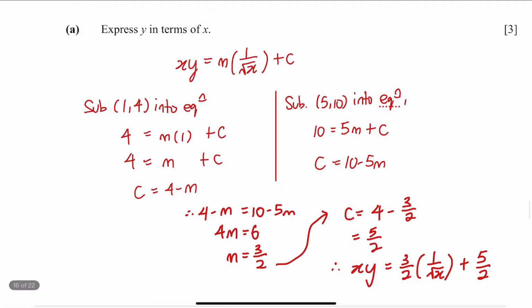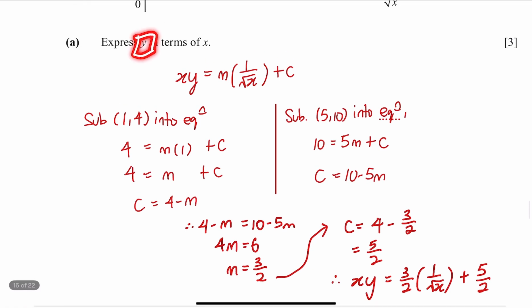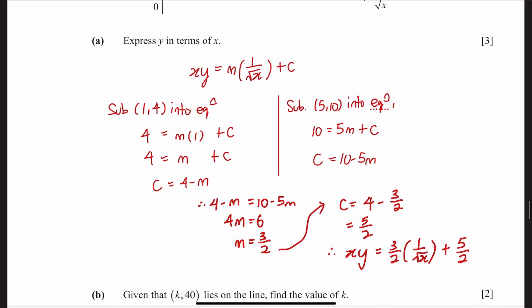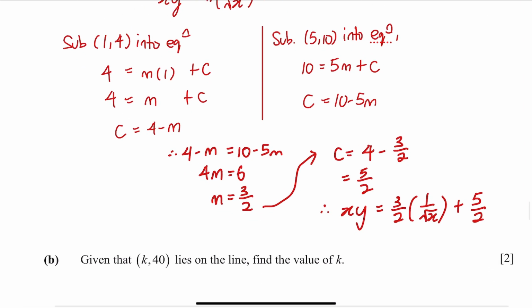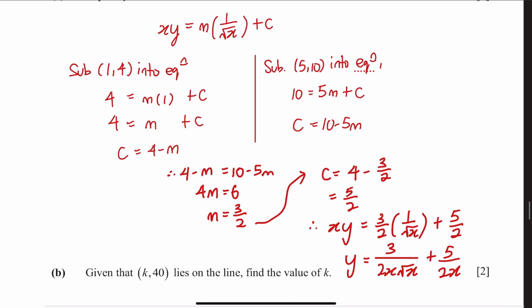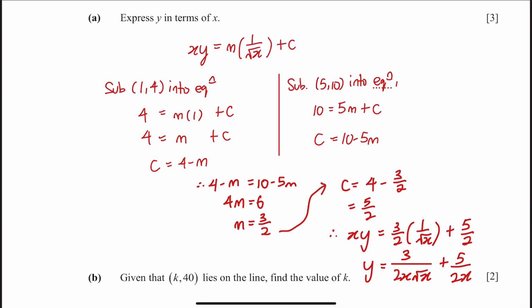The question says express y in terms of x, so I must make y the subject. Therefore, y is equal to 3 over 2x root x plus 5 over 2x. And there's your answer to part A.